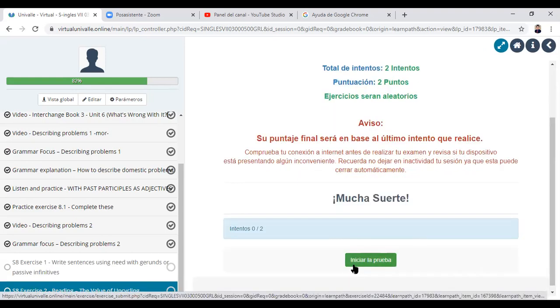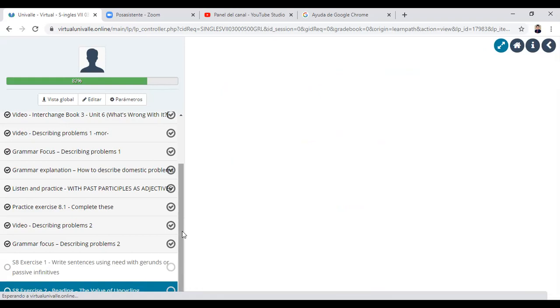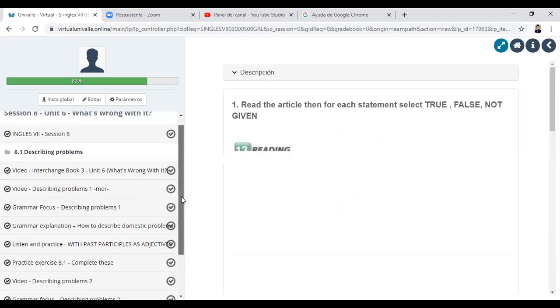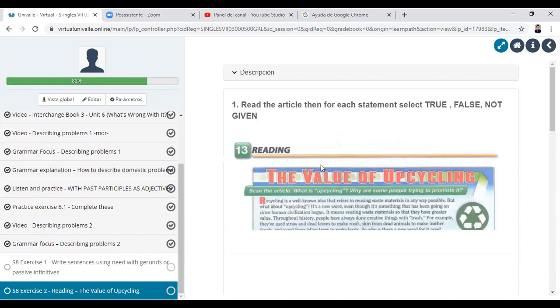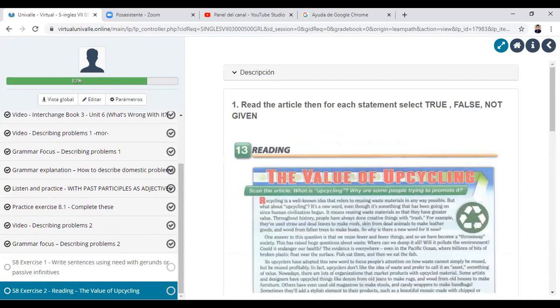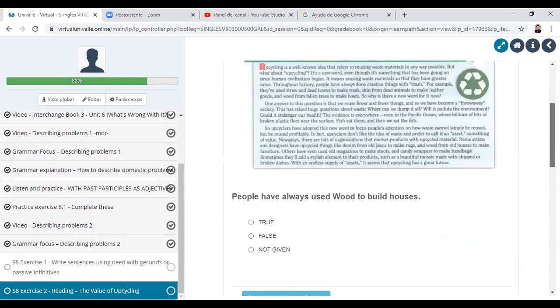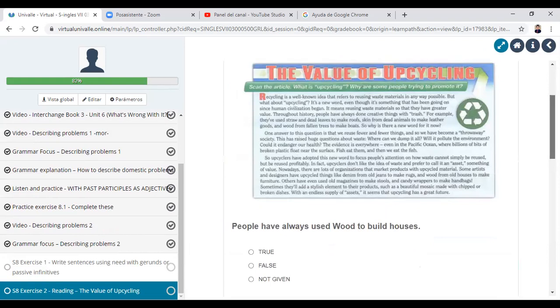Let me see, I don't see the reading. Okay, we have the reading here. You're going to take a look at the reading and then select true, false, not given according to the article.